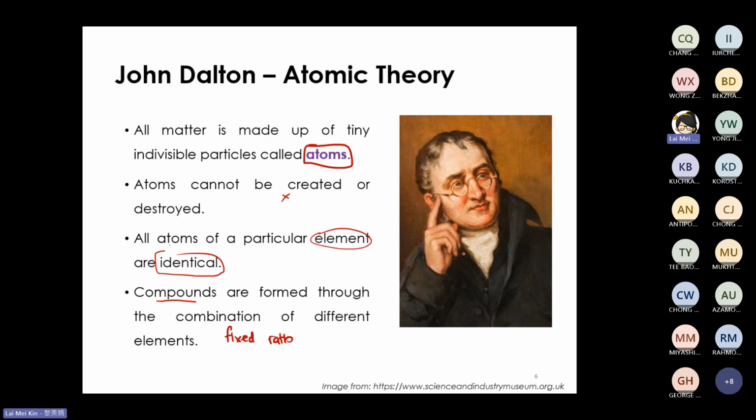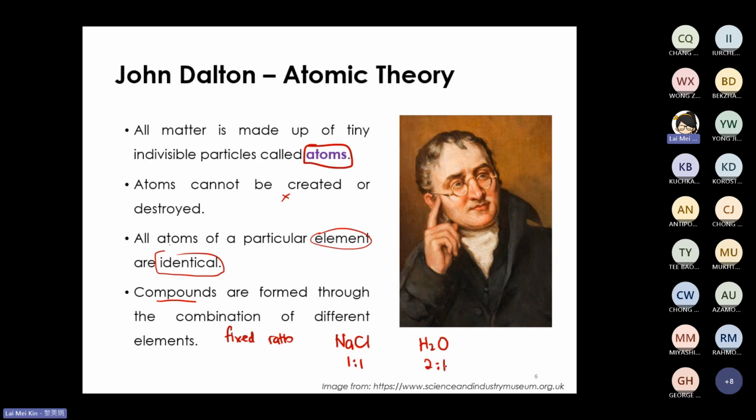Teacher, what do you mean a fixed ratio? For example, if I want to form the compound sodium chloride, what is the ratio of sodium to chlorine? 1 to 1. You must have one sodium atom and one chlorine atom. That's the meaning of fixed ratio. And let's say if you want to form water, H2O, what's the ratio? 2 to 1.